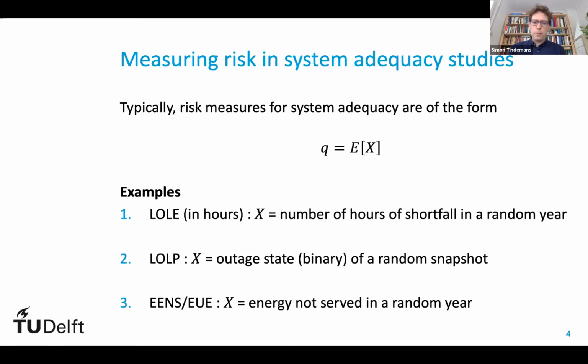Or loss of load probability, where X is the binary out state of a random snapshot. You have loss of load or you don't. Or expected energy not supplied, where X is the amount of energy you don't serve in a certain period, for example, 1 year. So that's the context.